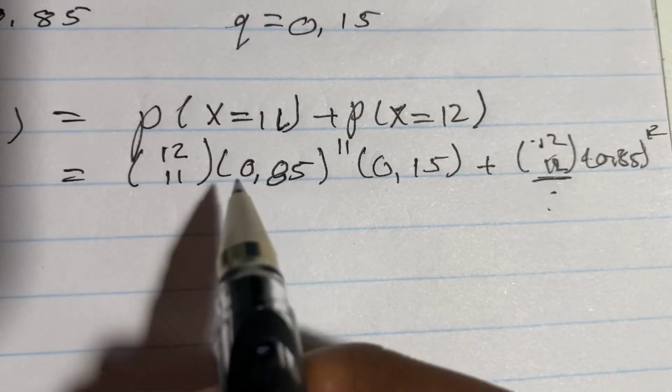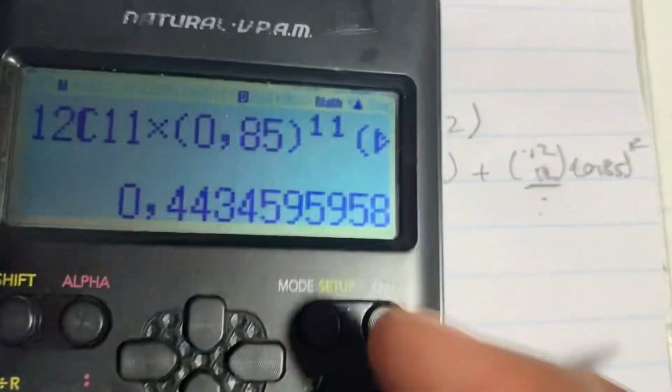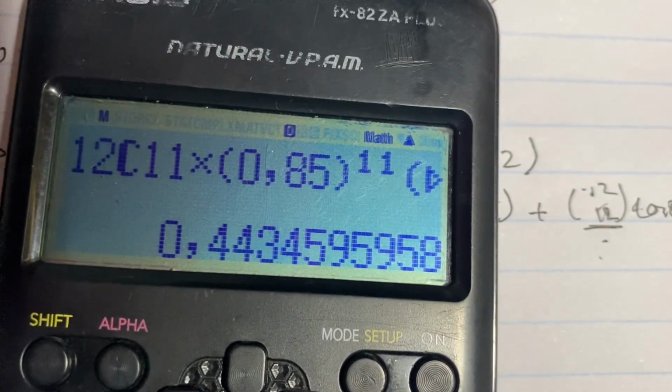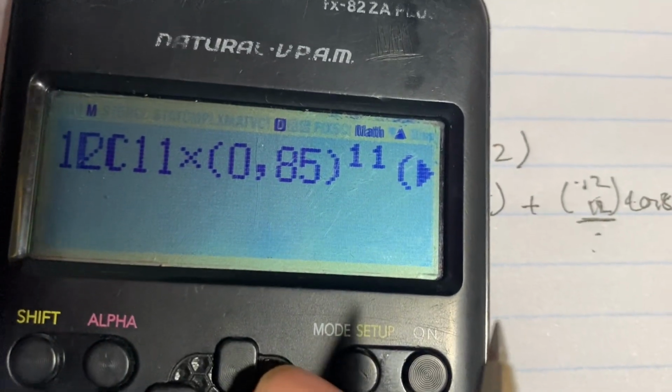So this one is a number, and this one is a number. I already pressed this on the calculator, and it gives us the answer there.